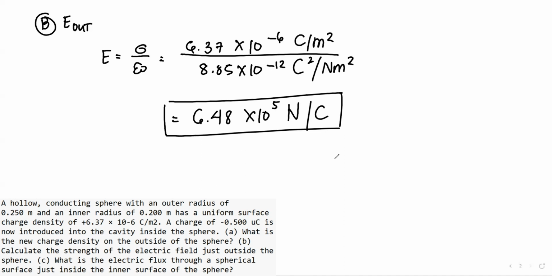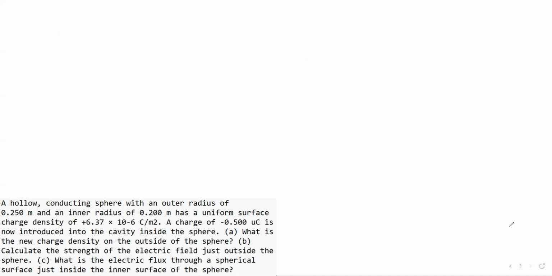What about our letter C? Question is, what is the electric flux through a spherical surface just inside your inner surface of the sphere? What is the electric flux just inside the inner surface?